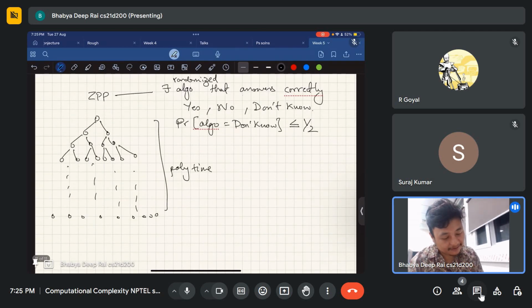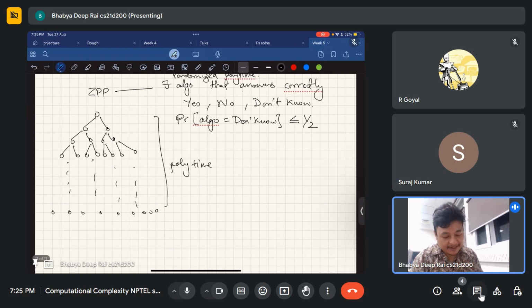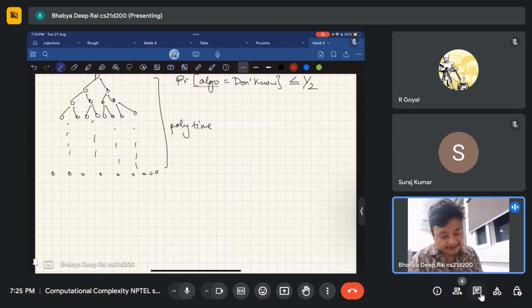There exists a randomized polynomial time algorithm, and it tosses coins on the way. After so many coin tosses, less than half of them will be don't knows.